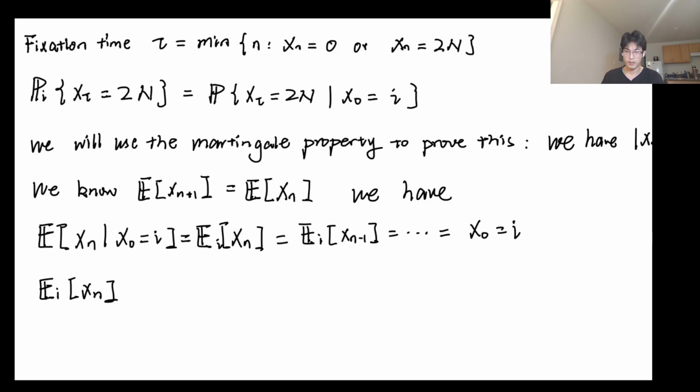A good way to write this is that the expectation of x_n with respect to x0 equals i is equal to the expected value of x_tau indicator. I will write it down and then explain this.